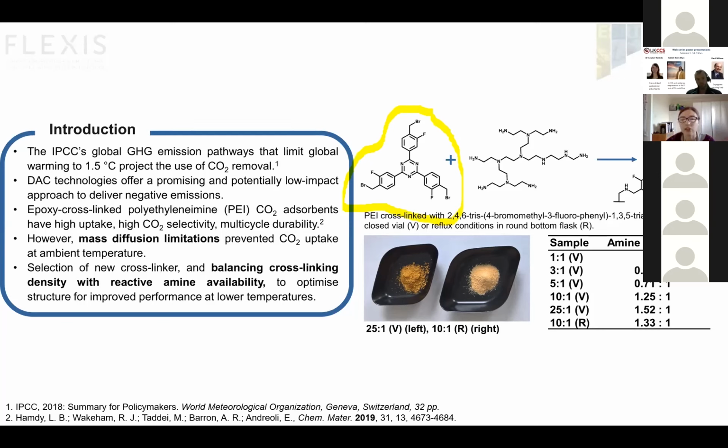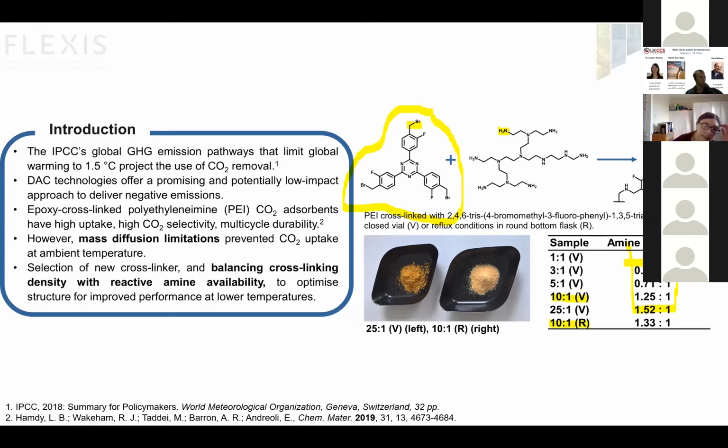We are using these starting materials in different ratios, 1:1 up to 25:1, amine to alkyl bromide. And this results in the product having a different amine to alkyl bromide cross-linking ratio. We prepare these materials in slightly different ways. One set has been prepared in a vial at high temperatures and another under reflux conditions. This is V and R.